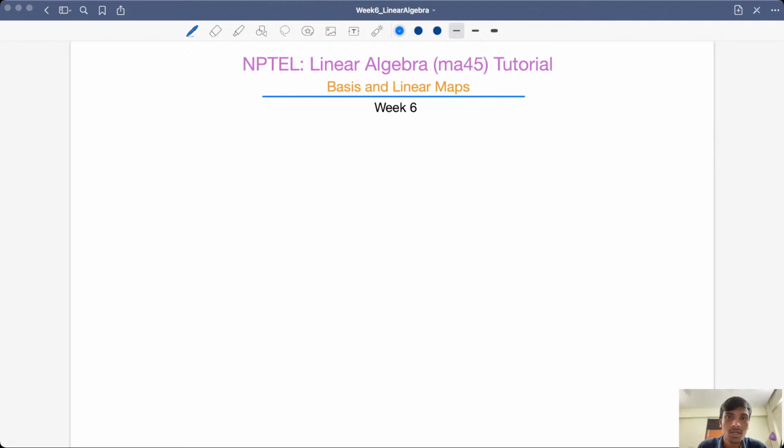Let me start with V and W, two vector spaces over a field K, and a linear map between these two vector spaces.